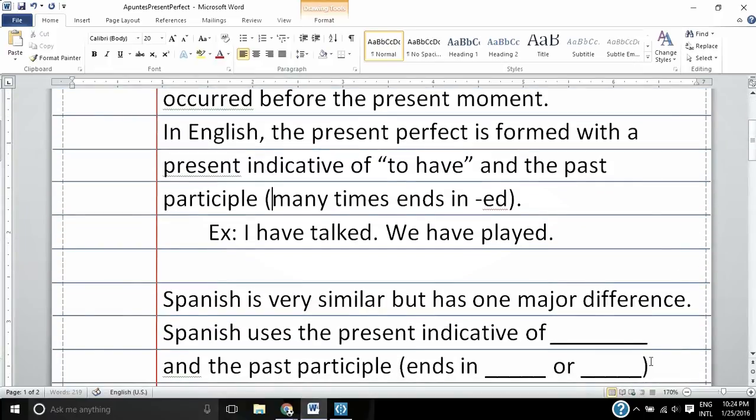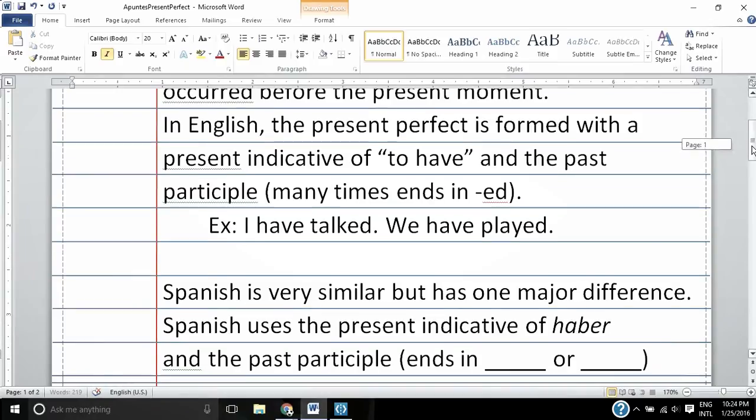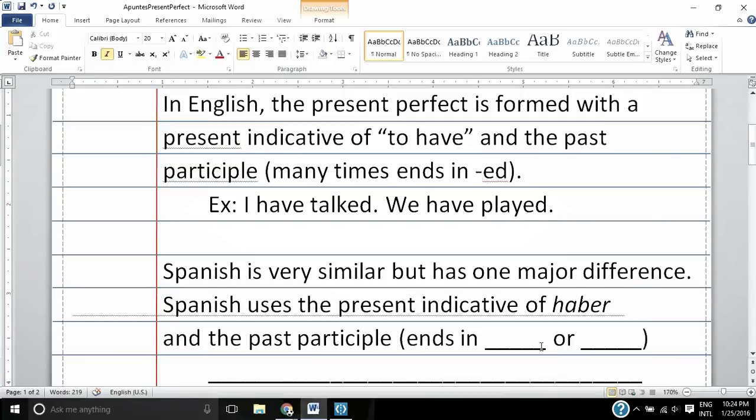Spanish is pretty similar. There's one big difference, and that is you're going to use the present tense of haber, and we'll find out what those conjugations are, and then the past participle. And remember that the past participle usually ends in ado for AR verbs, and for ER and IR verbs, it's going to end in ido.